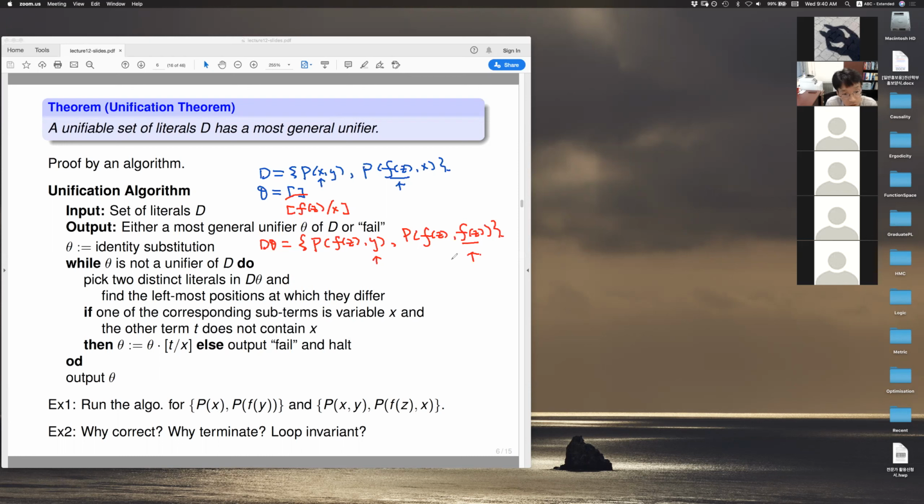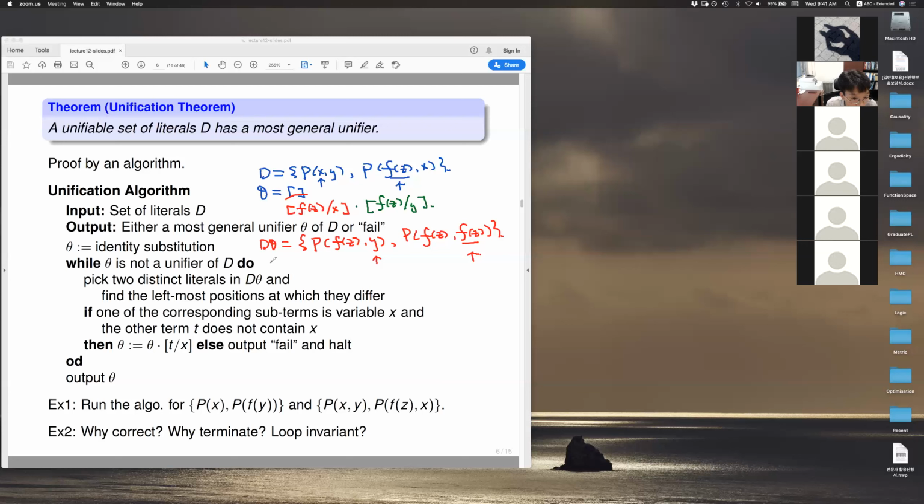And that, again, satisfies the condition of this conditional statement, which means that we're going to extend our substitution with one more step, which is, writing in a different color, replacing y by f of z. So that's our new substitution.